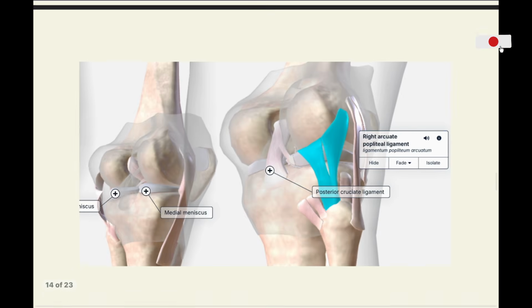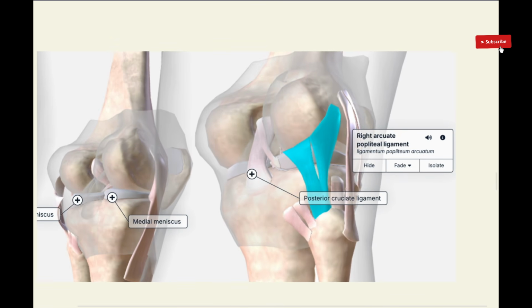Then on the posterior surface we have the arcuate popliteal ligament. As you can see, it starts from the distal posterior aspect of the femoral condyle and inserts at the superior surface of the fibula head.